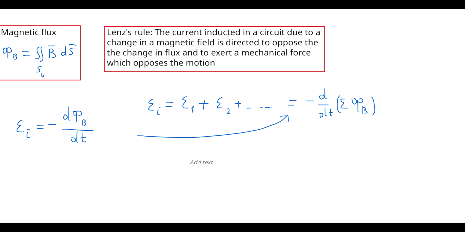This is a flux linkage, and it can be written as the Greek letter psi, and it is equal to the sum of Φ_B.